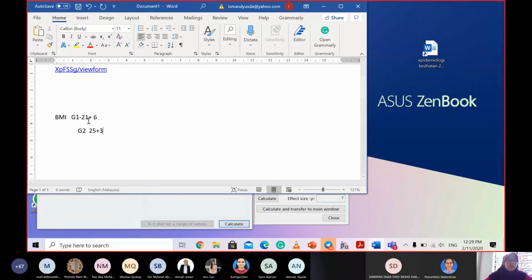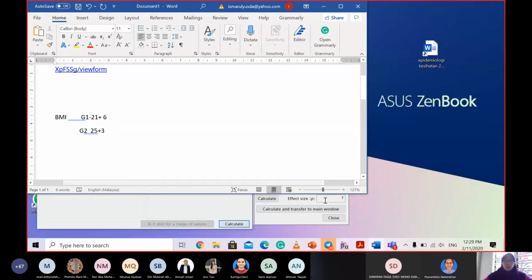Okay, so I want to do a research about one group with a supplement, another one without supplement. 21 and 25, this is the BMI.